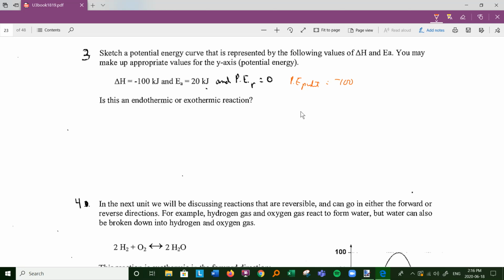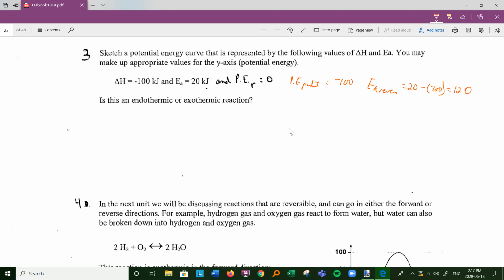I'm not going to get EA reverse first. I'm just going to, no I am. Let's not be a show off. EA reverse is going to be EA forward minus delta H. 20 minus negative 100 is 20 plus 100, which is 120.